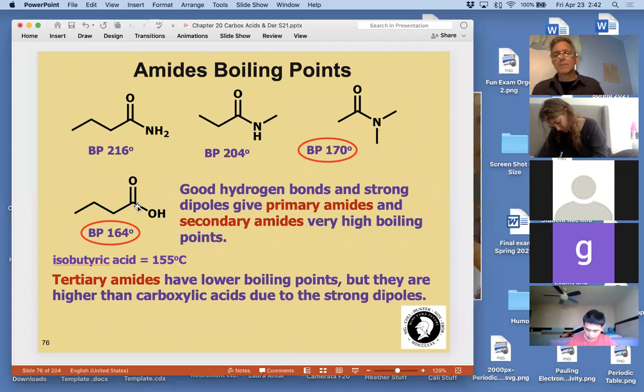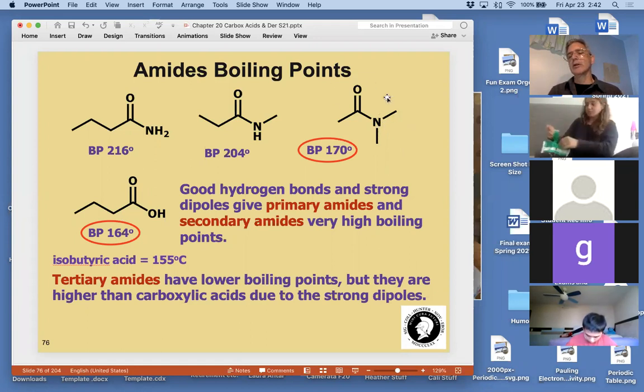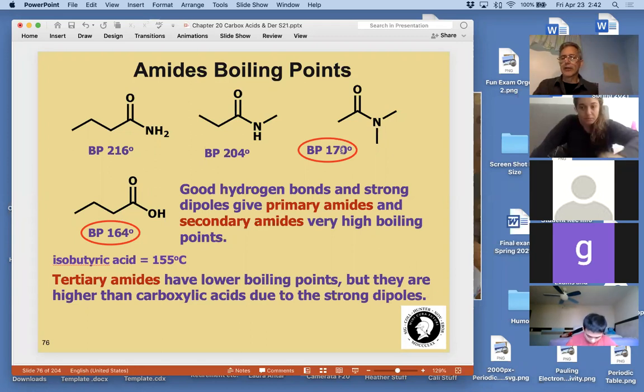So I just hopefully impressed you by how strong the hydrogen bonds are in carboxylic acids. We did that half an hour ago, whatever. But if you take an amide that's tertiary that cannot hydrogen bond, it's going to have a comparable or higher boiling point because the dipoles are huge.